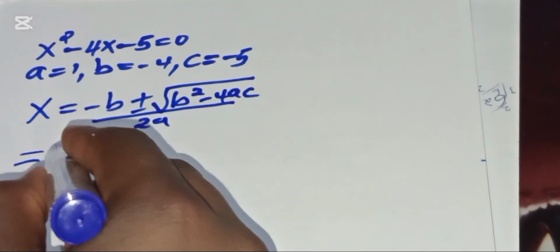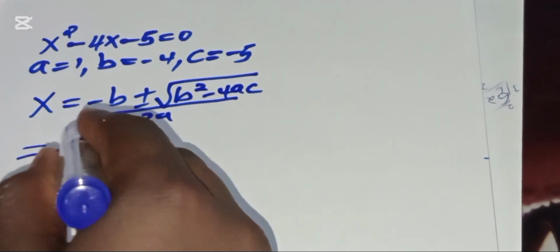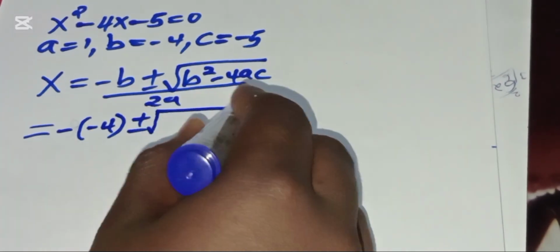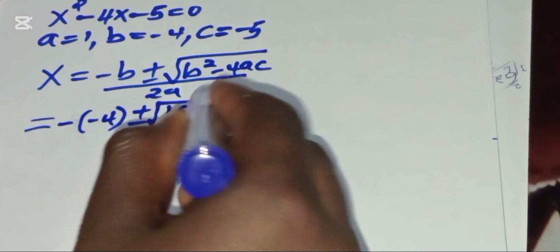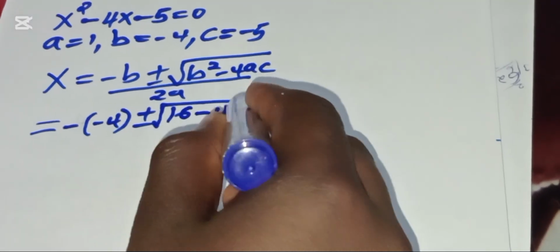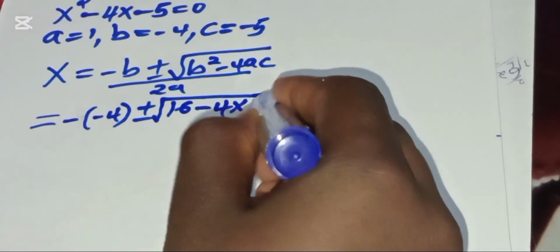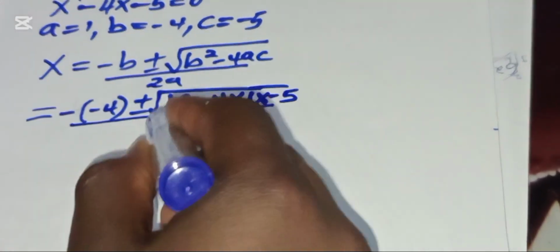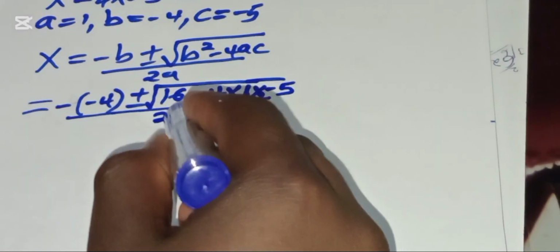This is negative negative 4 plus or minus the square root of negative 4 squared, which is 16, subtract 4 times a, which is 1, times c, which is negative 5, divide everything by 2 times 1.